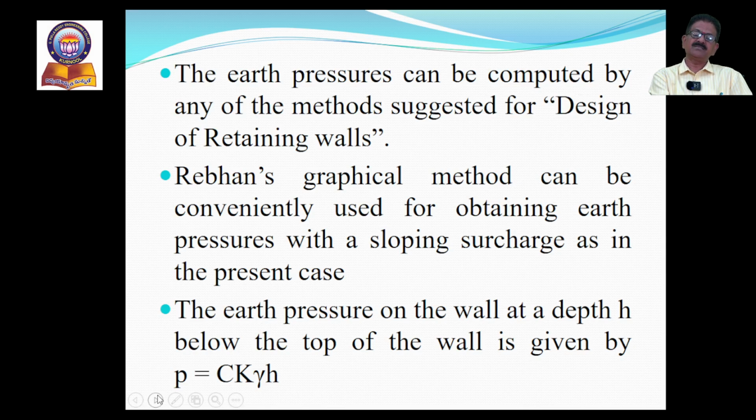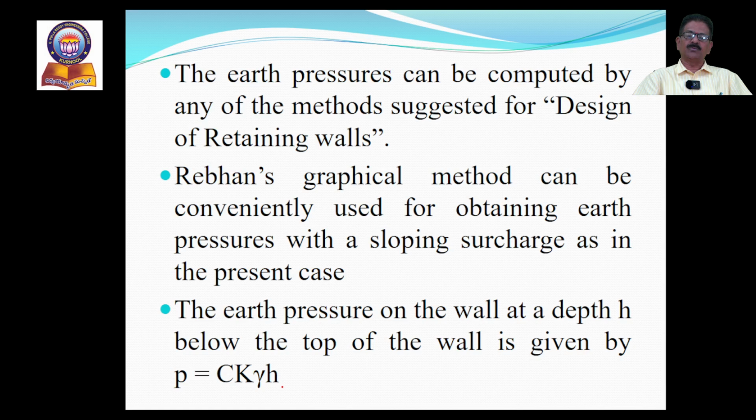With this equation, we can say the intensity of earth pressure is directly proportional to H, where H is the depth. If you want to calculate the earth pressure at the bottom, the depth would be maximum. If you want to determine the earth pressure at the top of the well, the depth is minimum.